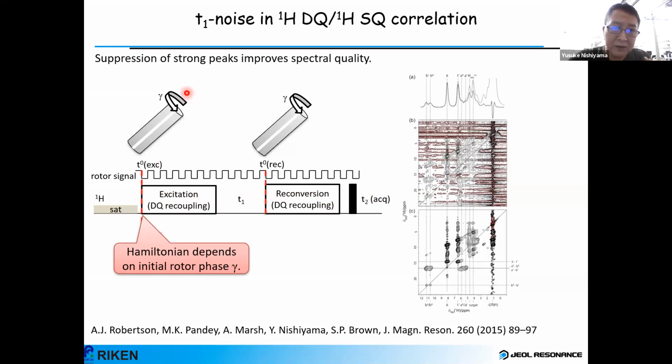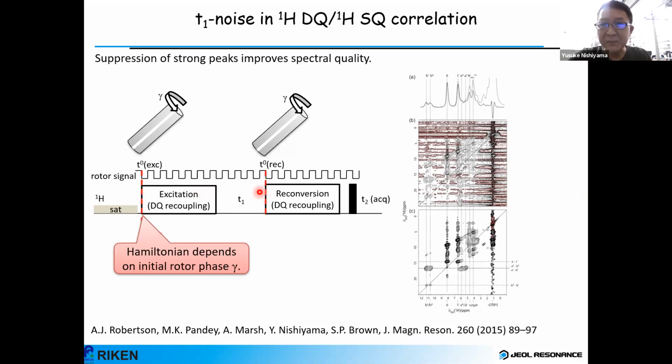Since the Hamiltonian depends on the gamma angle, we have to apply the excitation pulse and the conversion pulse at exactly the same rotor phase. Or in other words, we need to synchronously apply these pulses to sample spinning. Then again, small spinning fluctuation introduces large T1 noise.